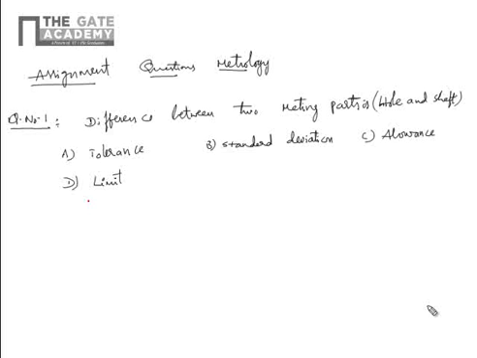How much allowable variation is there in a part, either shaft or hole. Standard deviation is also the same, like variance. Allowance is the difference between two mating parts. If positive allowance, it is called clearance. If negative allowance, it is called interference. So the answer is C.